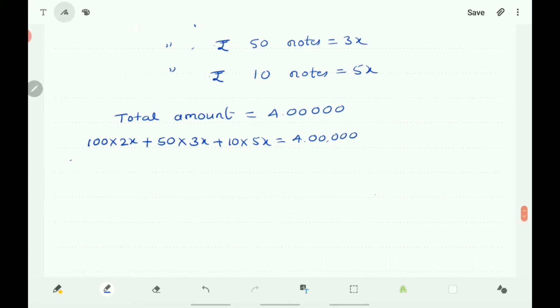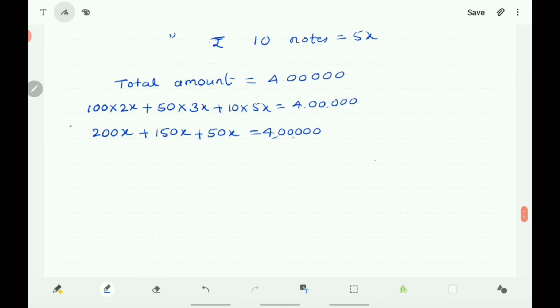Now 100 into 2x becomes 200x plus 50 into 3 is 150x plus 10 into 5 is 50x, that is equals to 4 lakh. Now here the sum of this 200, 150, 50. All these are like terms, you can add them.